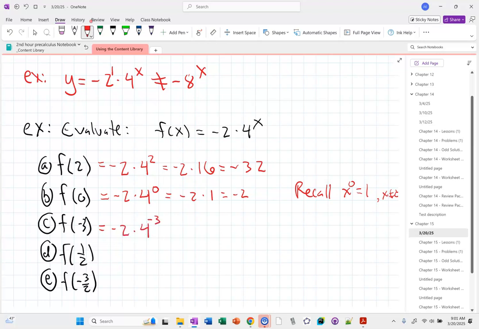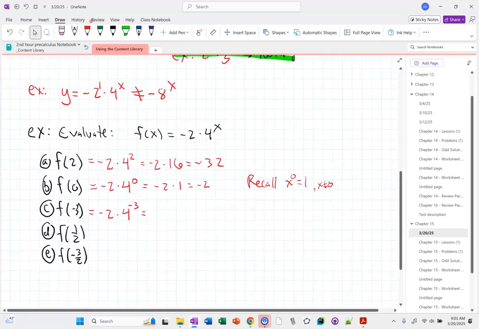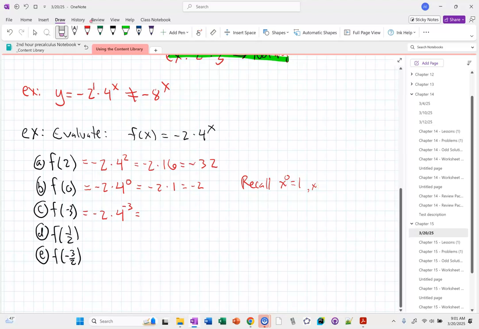So now we have f of -3. So that's -2 times 4 to the -3. What does it mean to have a negative exponent? Do you remember what that means? Means you make a reciprocal, right?